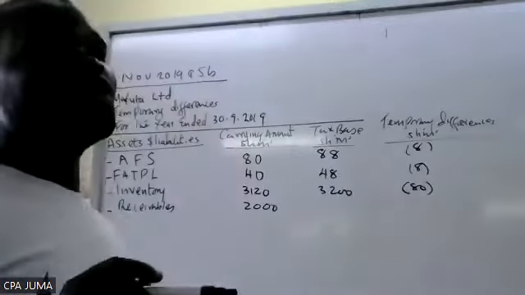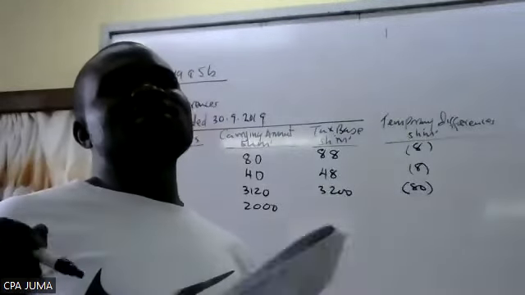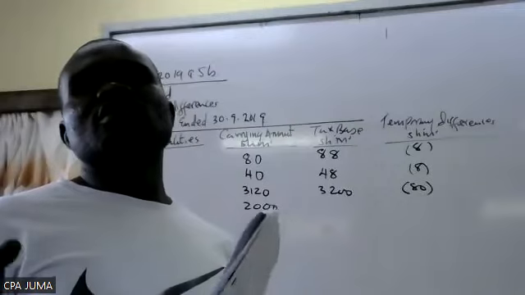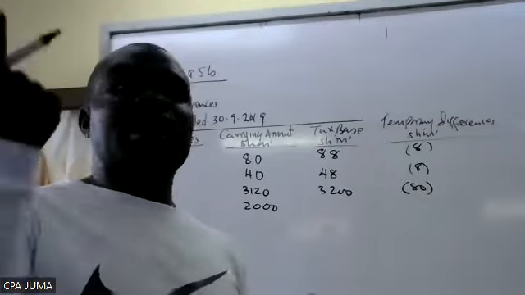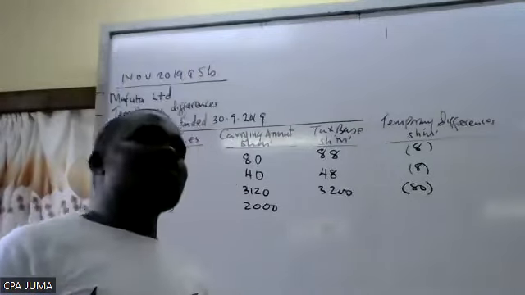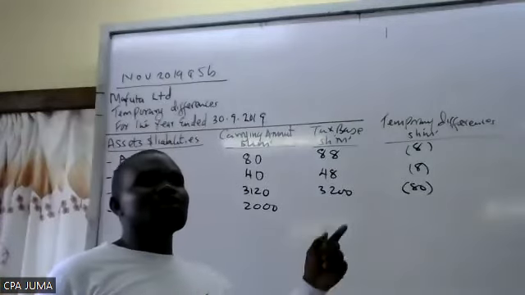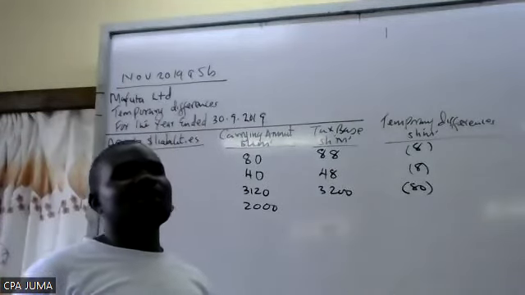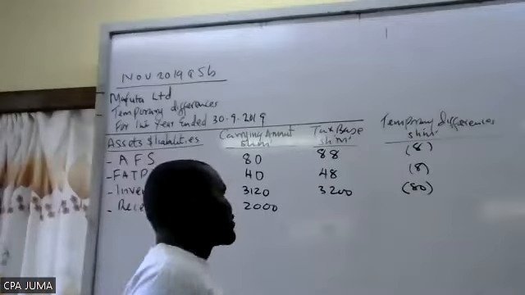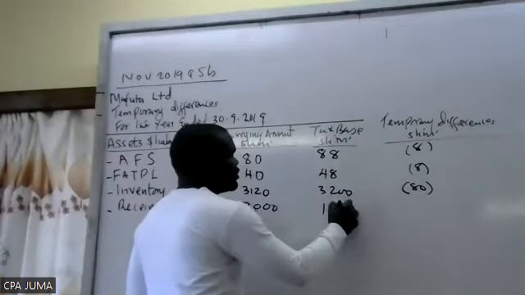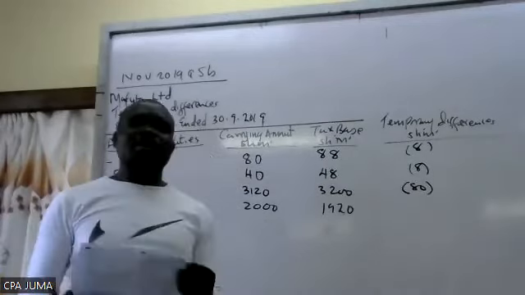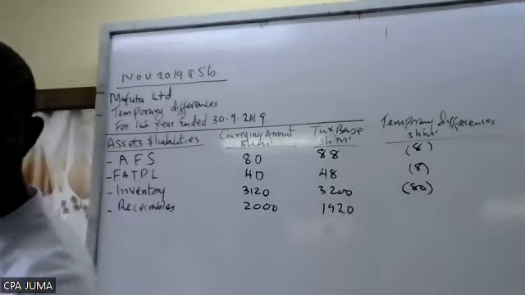So it will be 2 plus 80, but remember the exchange gain is 160. If it's a loss, we add, but this one was an exchange gain, so it had been used to reduce. So add, then subtract it out. So it comes to 1920. That is what the taxman will check. They will not check on the exchange.